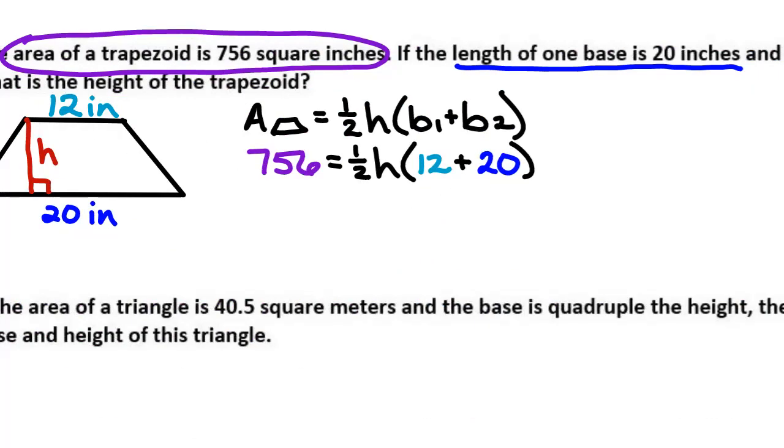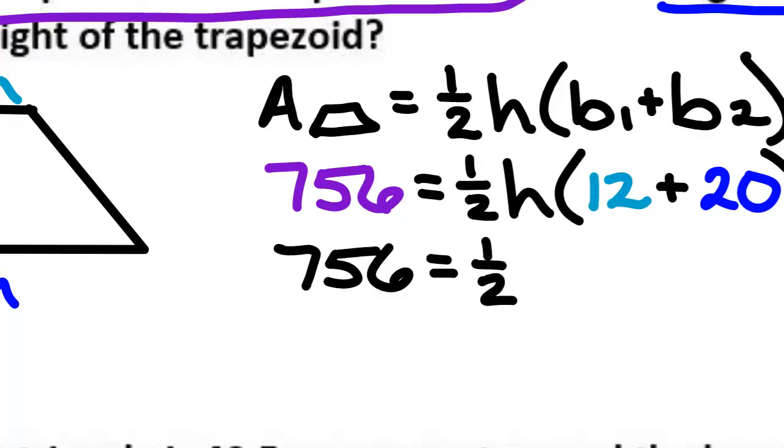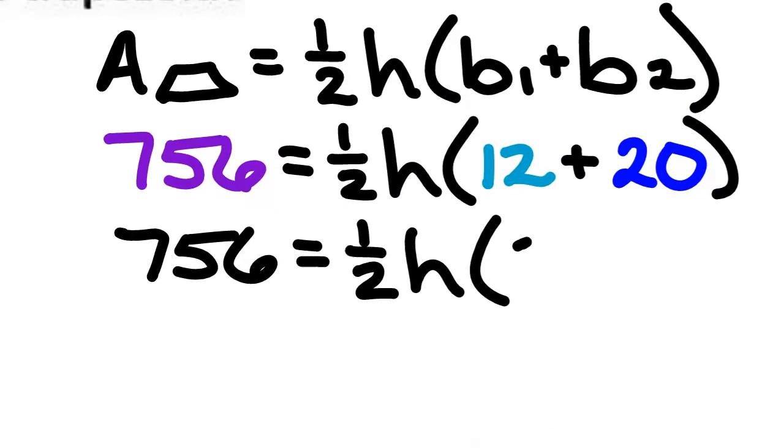Because I don't have any variables inside the parentheses, that's the first thing I'm going to simplify. What do we get when we add 12 and 20 together? 32. So 756 equals 1/2 h, and then inside parentheses, 32.